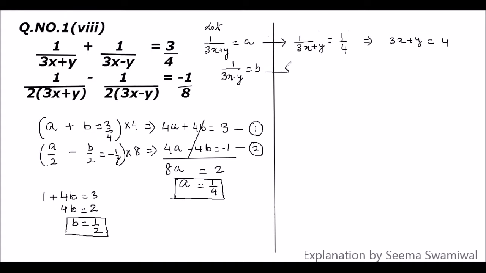Similarly, if I put the value of b here, I'll be getting 1 upon 3x minus y is equal to 1 by 2. Taking reciprocal both sides, I'll be getting 3x minus y is equal to 2. Now eliminating once again, and only by adding, because the signs of y are already reversed. So this is 6x is equal to 6. Therefore, the value of x is 1.